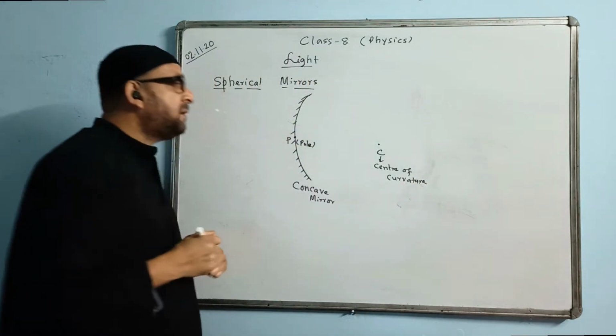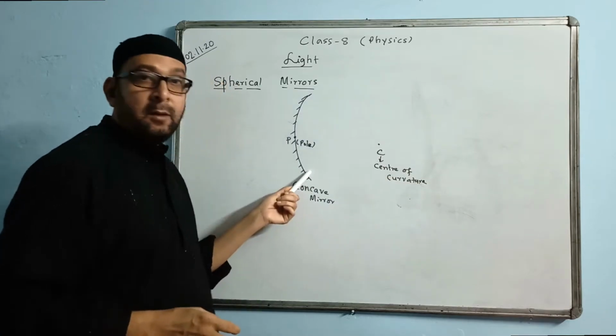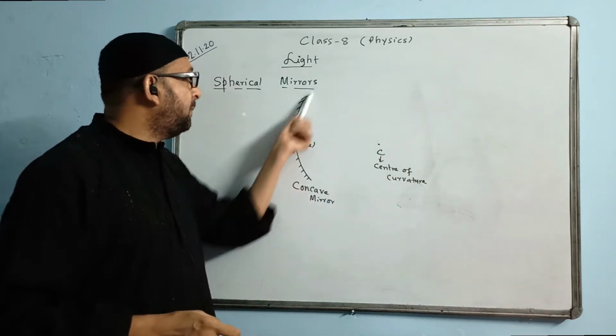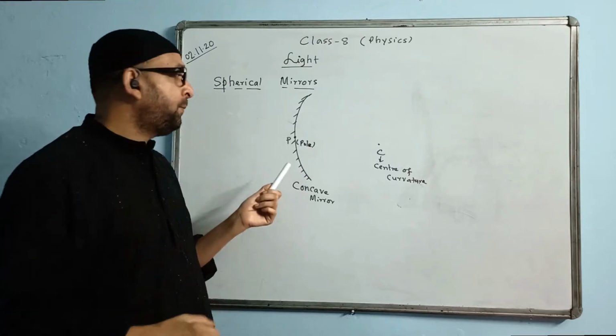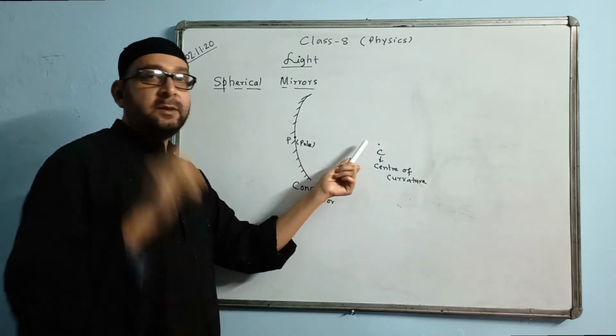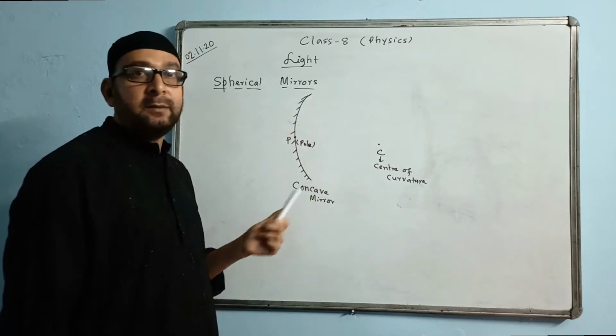What is the center of curvature? It is the center of that sphere from which the mirror is carved out, or the center of that sphere of which the given mirror is a part.